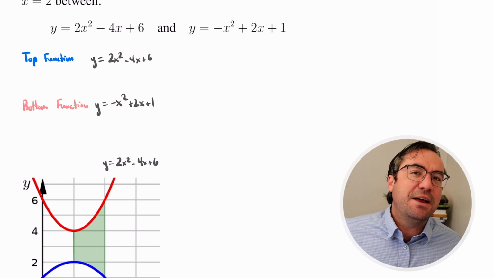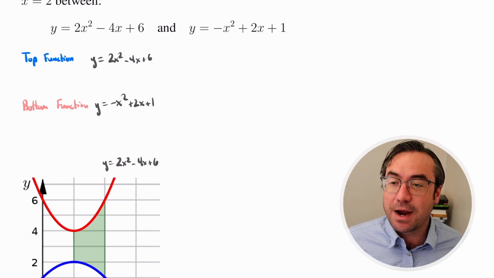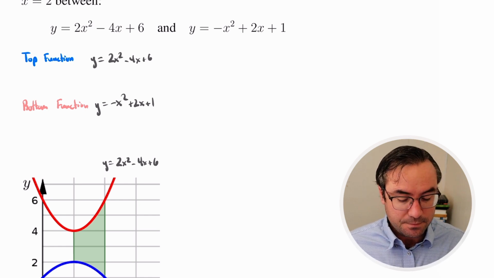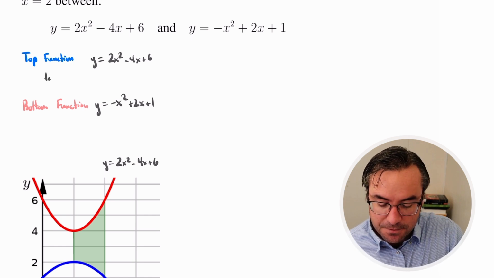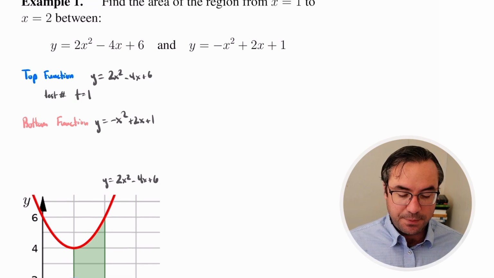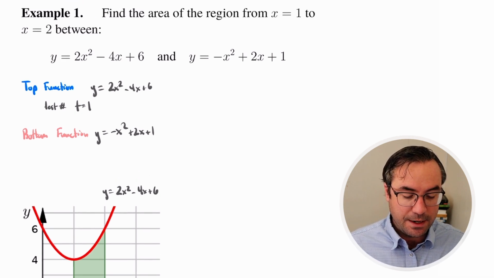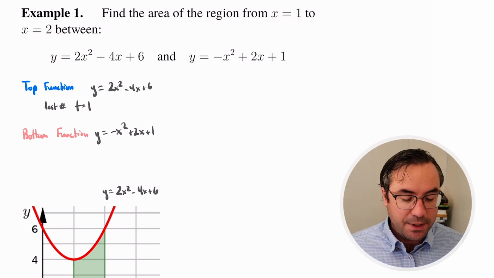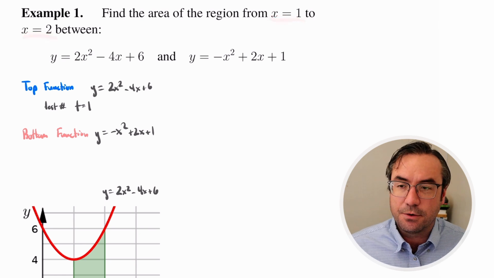All right, but let's pretend for a second that we didn't actually have the graph. How could we figure this out? We could figure it out by using a test number. So let's try t equals 1. Because these two curves don't intersect, we can pick any number inside our interval going from 1 to 2.